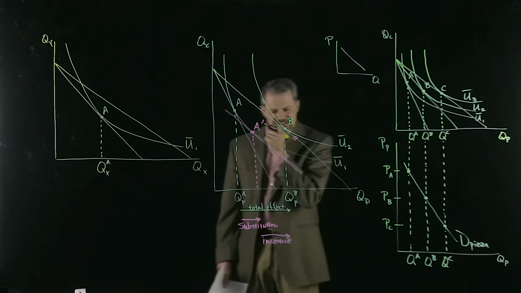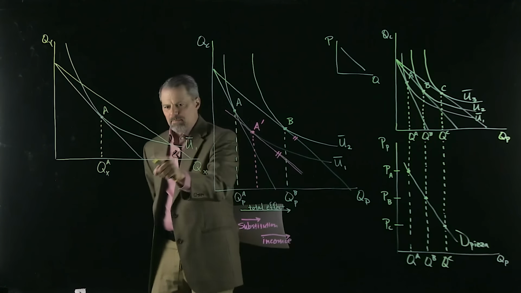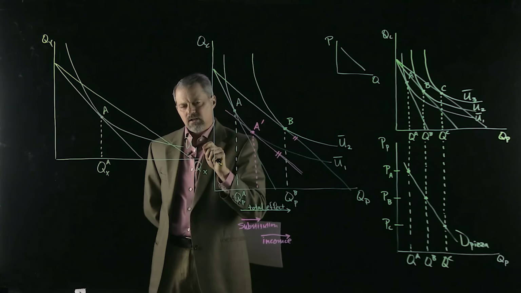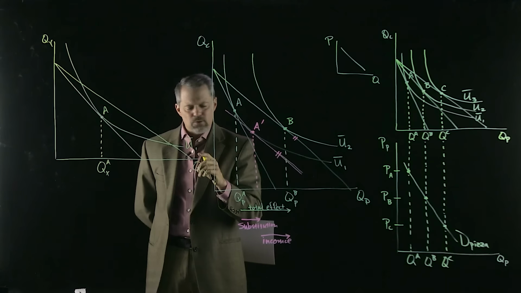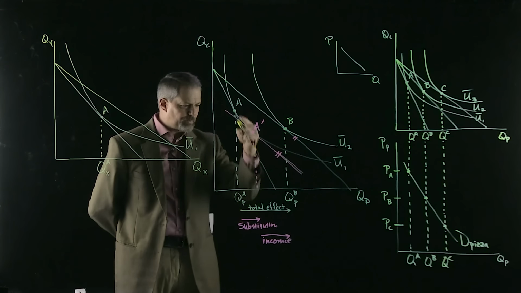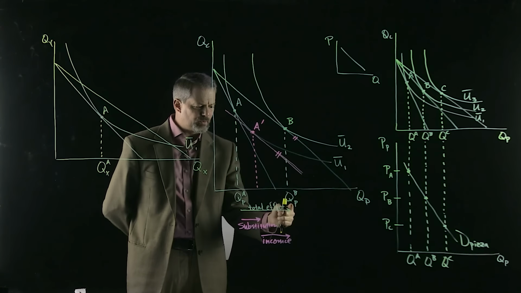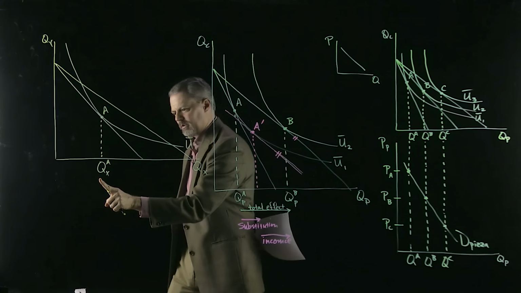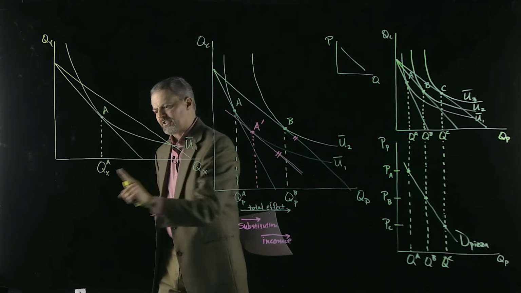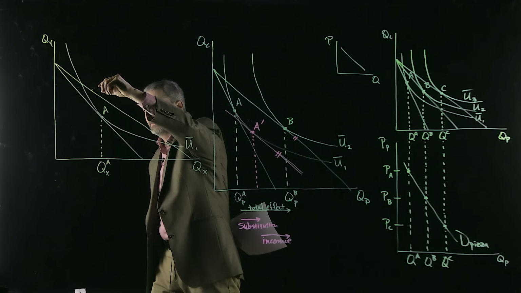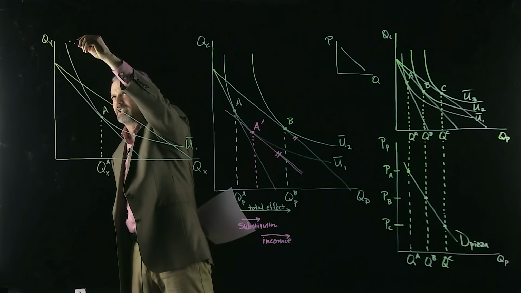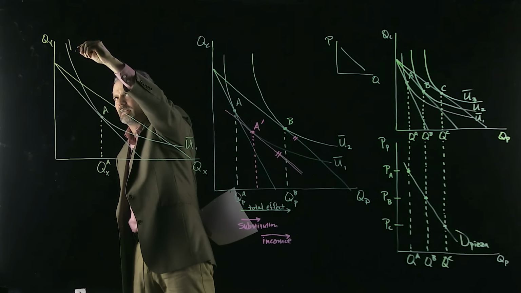Now here's what I need. When that price falls, for just a regular downward sloping demand curve, what you need when the price falls is you need the consumer to buy more of it. But notice on this picture, when this price falls, if I were to put my point of tangency right up here, so for example, remember indifference curves can't cross, but I don't need them to cross.